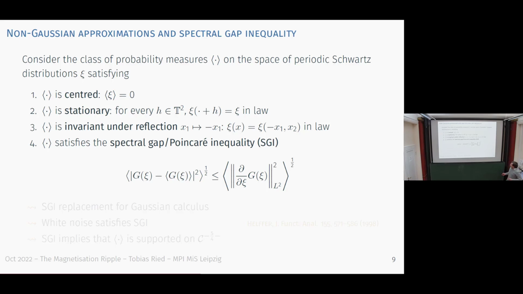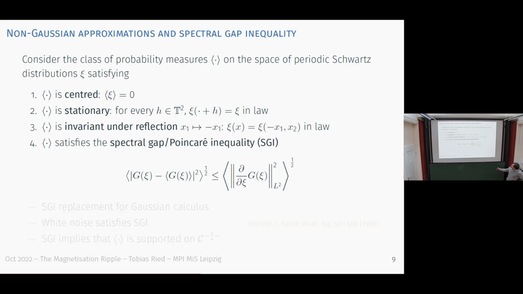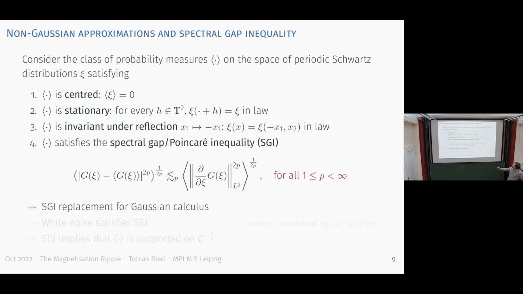That actually leads to nice concentration properties, and one can show that it's a good replacement for Gaussian calculus, because having this on an L2 level, you can also derive it on an LP level for any P.